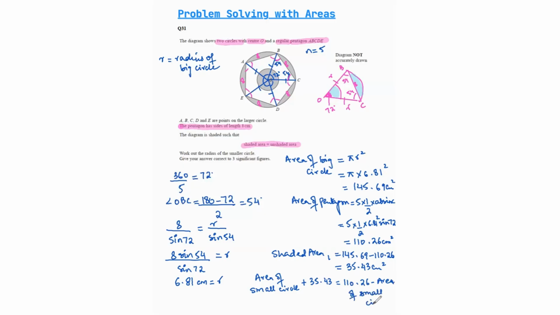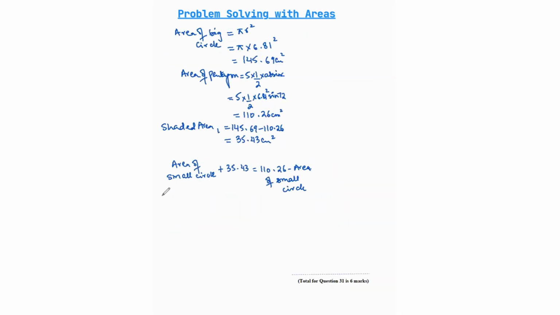Yeah. We're going to use this equation to figure out the radius of the small circle. So that's pi capital R square. Capital R is the radius of small circle plus 35.43 equals to 110.26 minus pi capital R square.